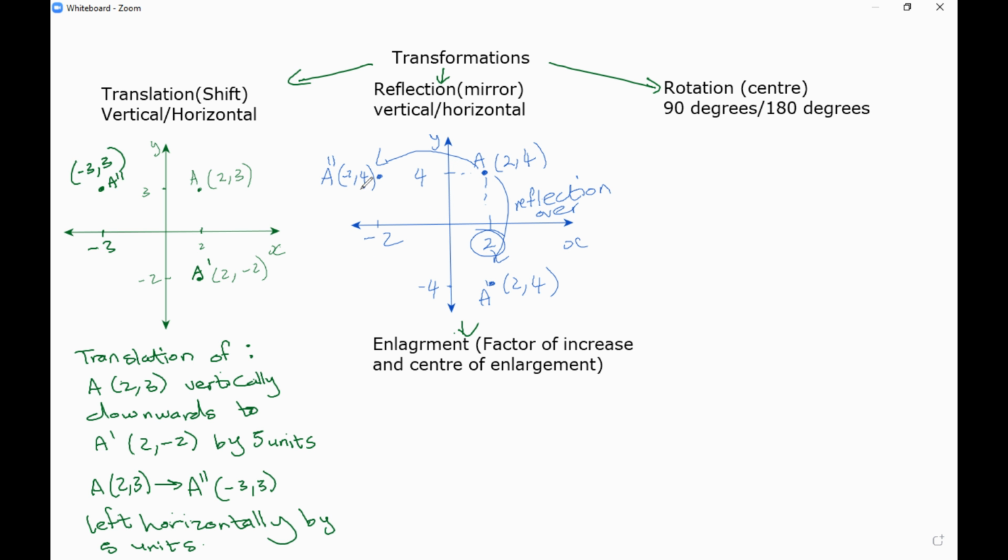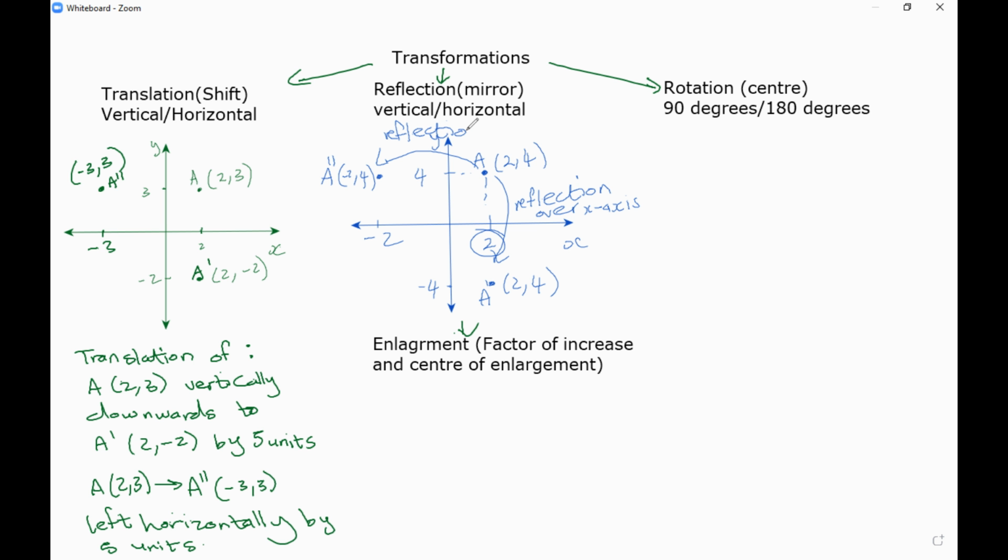Can you see the difference between a translation and a reflection? A reflection has to go to a specific point. A translation can shift past that point. It can go anywhere, downwards as well. But a reflection has to go exactly 2 units in this case in the opposite direction. So that ends up with -4. This is a reflection over the x-axis, the first one. And this one that we just did is a reflection over the y-axis.